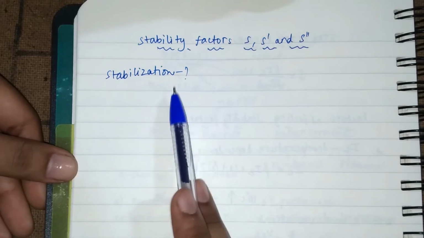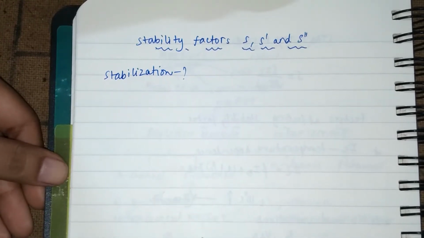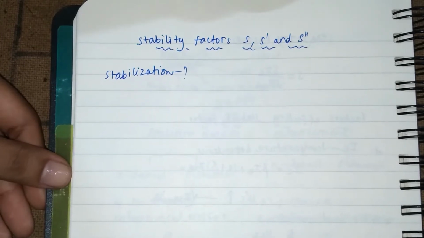The operating point of a transistor acting as an amplifier shifts mainly with changes in ICO, beta and VBE. The process of making the operating point independent of ICO, beta and VBE is known as stabilization.